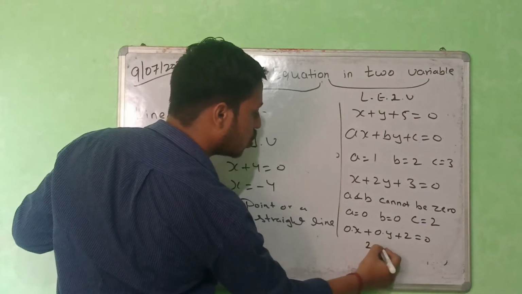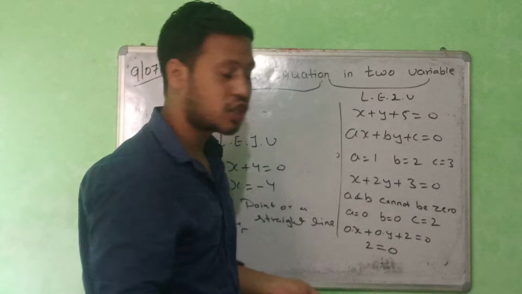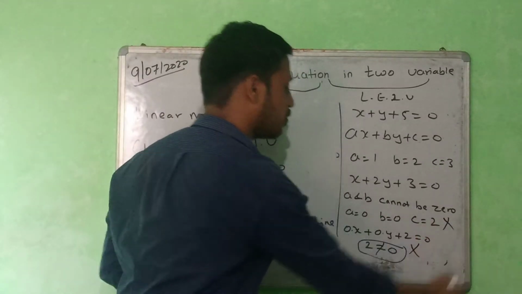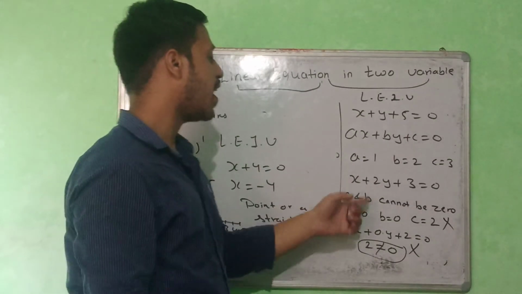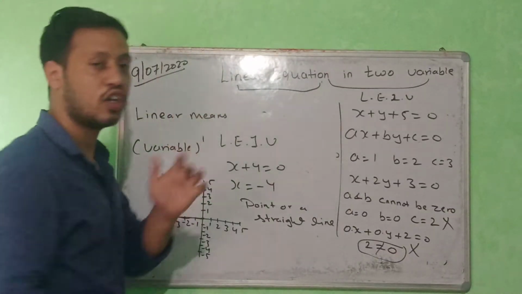So this will become 2 equals 0, and 2 equals 0 is not possible. That is why this equation is not satisfying. This means that a and b cannot be 0 at the same time in any equation.